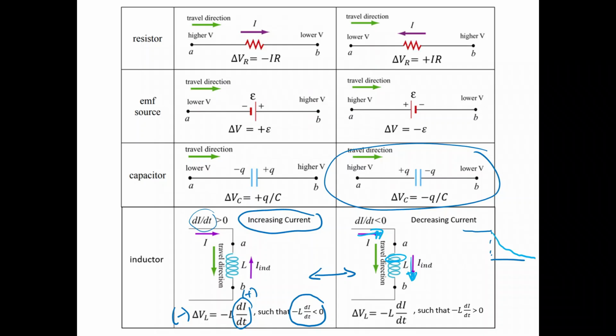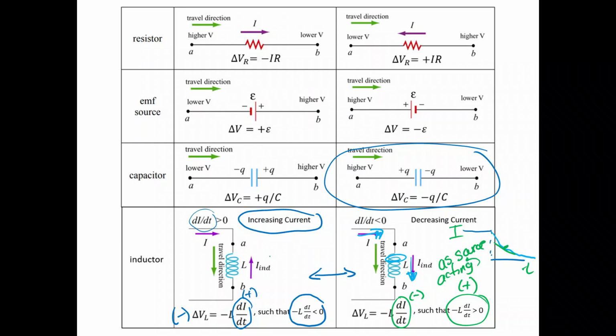What happens though is dI/dt is going to be negative, because the slope of my I versus t graph is negative. Negative times the negative is positive. So the voltage across that inductor is actually positive, and it's acting as the source in that case.